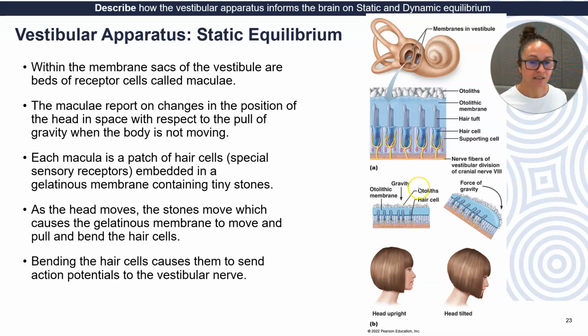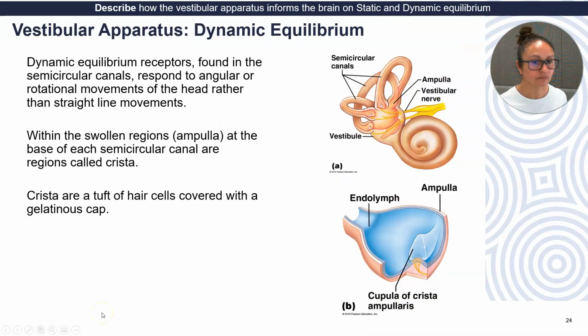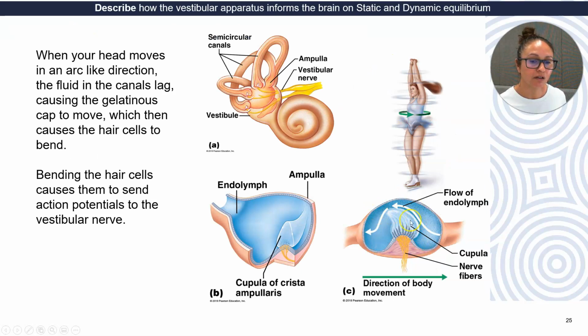And this system here is about the fluid moving, which pulls on this jelly, which bends the cilia and causes action potentials to be fired from those cells. We use hair cells for hearing, horizontal and vertical movement, and also for rotational movement. Hair cells galore.